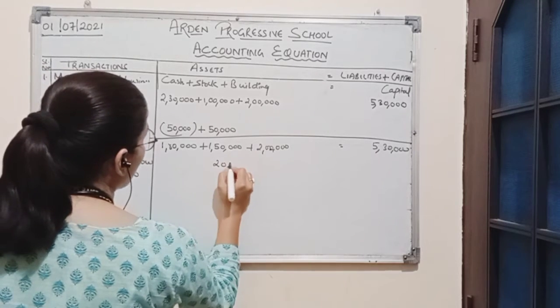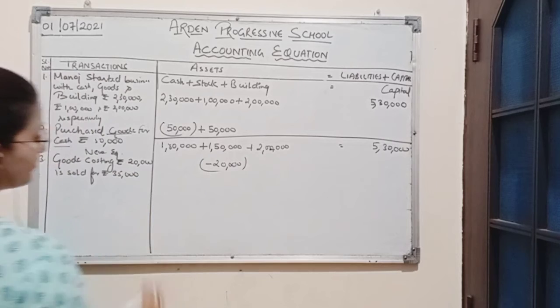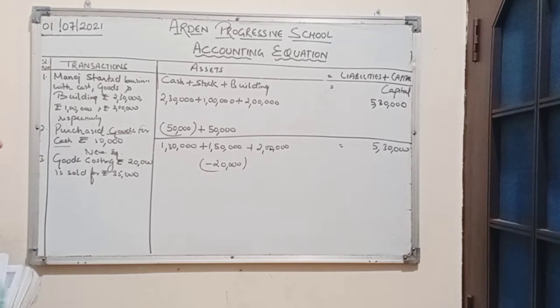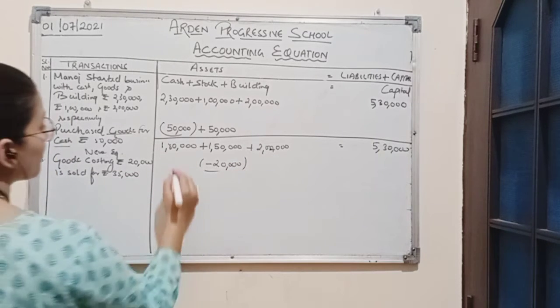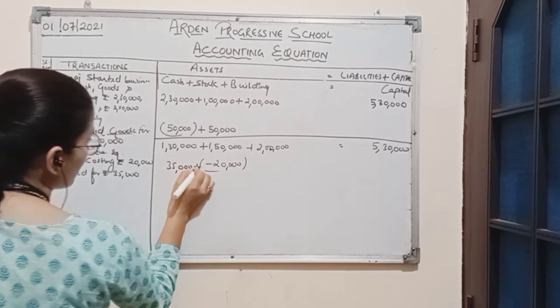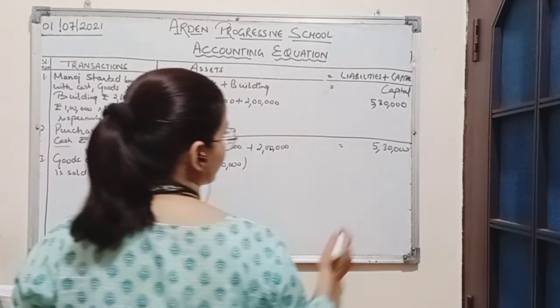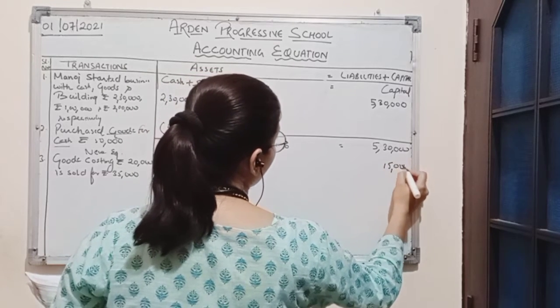So we will deduct this amount, 20,000, from the stock column, and it has been sold for rupees 35,000. That means by selling 20,000 goods, we will receive cash amounting to rupees 35,000. So 35,000 will be added in the cash column. Now 20,000 goods has been sold for 35,000. That means the firm has earned a profit of rupees 15,000. So that profit will be added in the capital column.